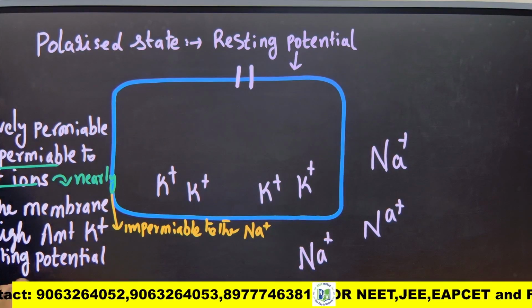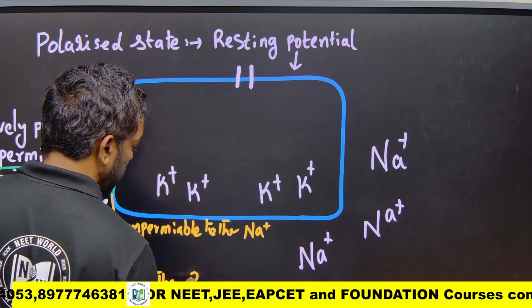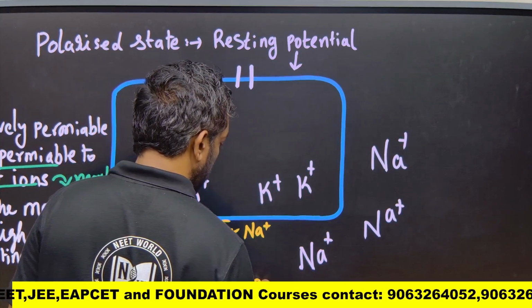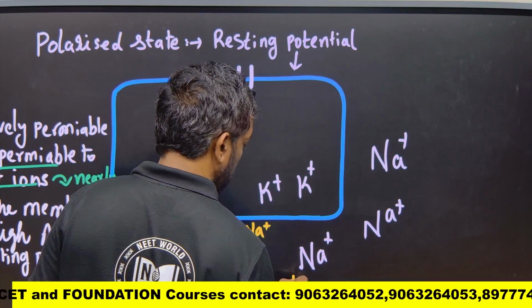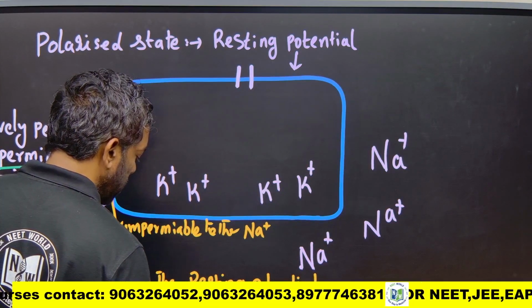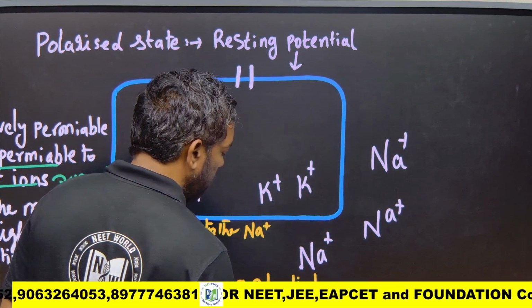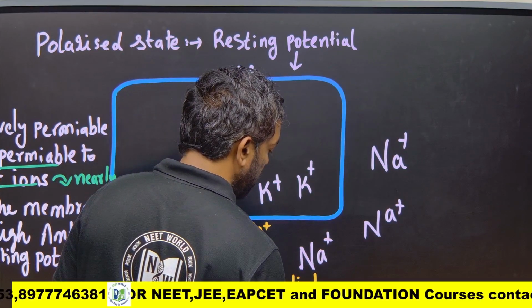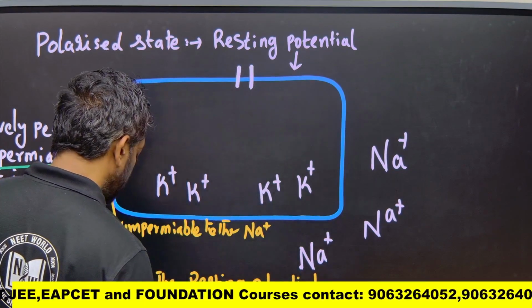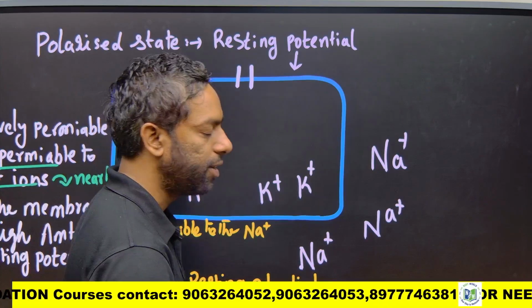And the third point, in the resting potential, they do not allow negative ions to leave the cell.